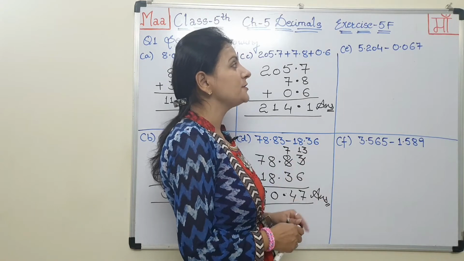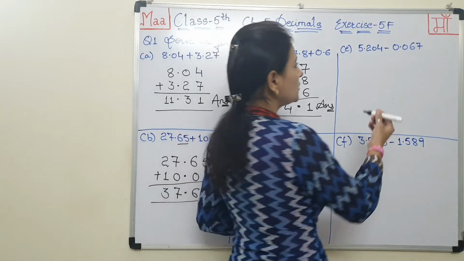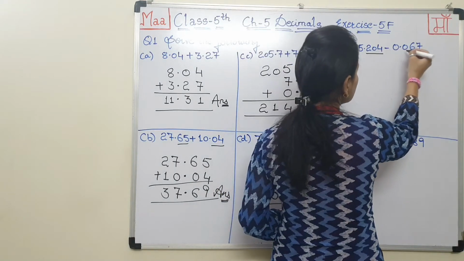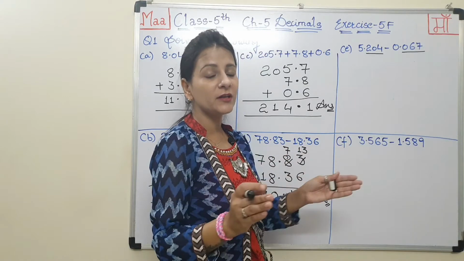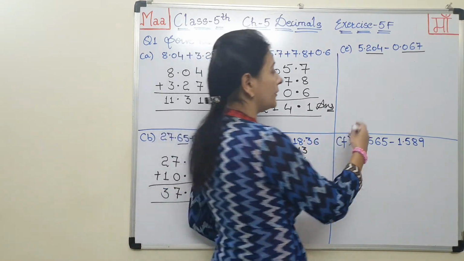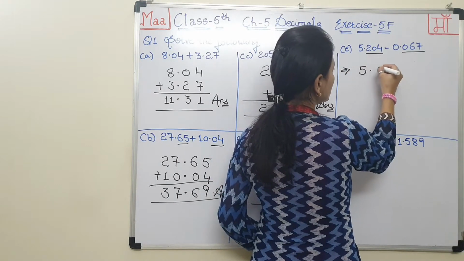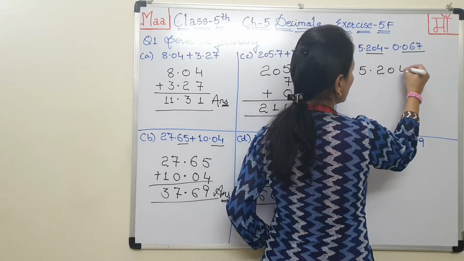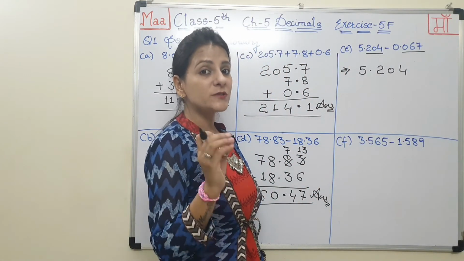It is 5.204 minus 0.067. Here also you can see, students, that after the decimal three digits are there. That means the decimal numbers are given in like decimals. So we are not supposed to arrange it because it is already arranged in like decimals. So first you will write 5.204. Here both the decimal numbers are given till the 1000th place.